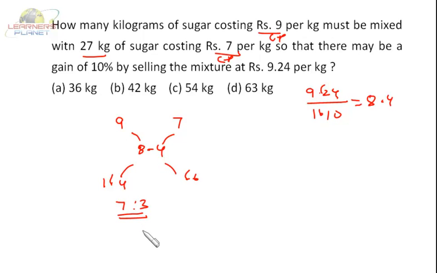That means it is 9 times. So if 3 represents 27, 7 would represent 63. So we have to mix 63 kilograms of 9 rupees per kilo with 27 kilograms of 7 rupees per kilo. I'm sure you are clear.